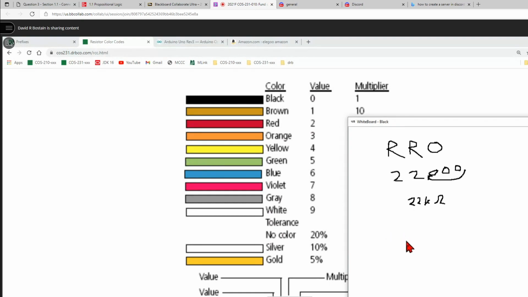So let's take another number here and try to work with it for a second. Let's say that I had a brown, green, red, gold.